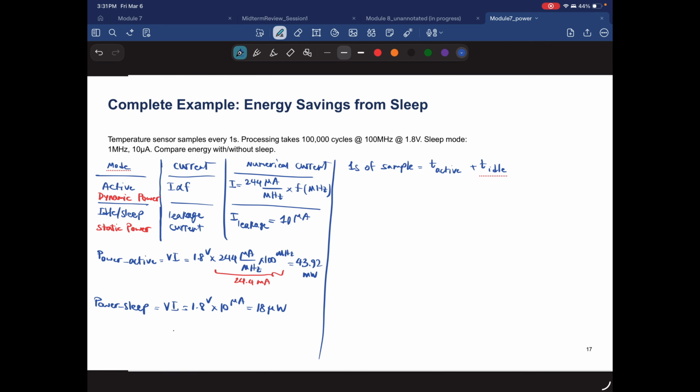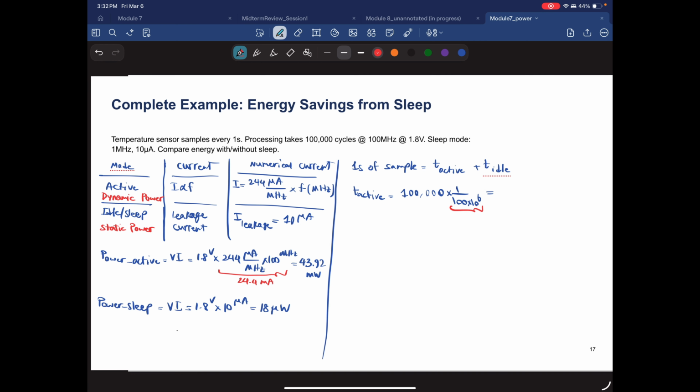to reduce the power. T active, well, it's given to us that the processing takes 100,000 cycles at 100 megahertz. So this is the period of each cycle, which is 1 over F. This is going to be 10 to the power of minus 5 seconds per cycle, so 100,000 cycles is 1 millisecond.